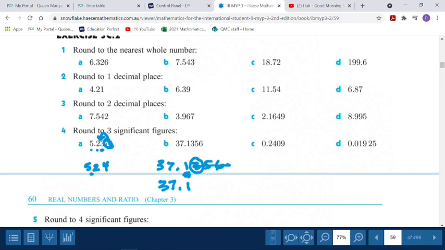Okay? Now, all of these are decimals. If you were doing this with whole numbers, though, say you had like 6, 0, 1, 2, 5, and this was a whole number. If you rounded this to 3 significant digits, that's right there. So the 2 after it is going to round off. But notice that I have some place values before the decimal. So on that one, you wouldn't be allowed to just drop the numbers off.